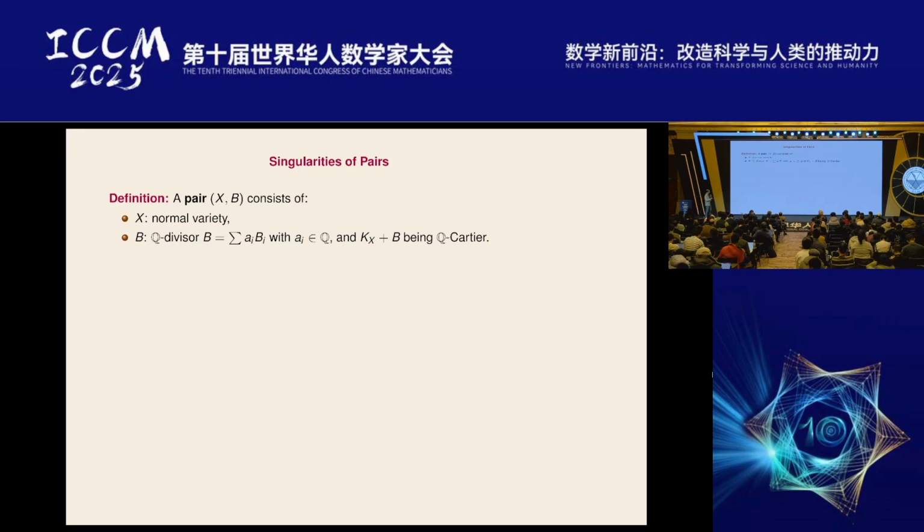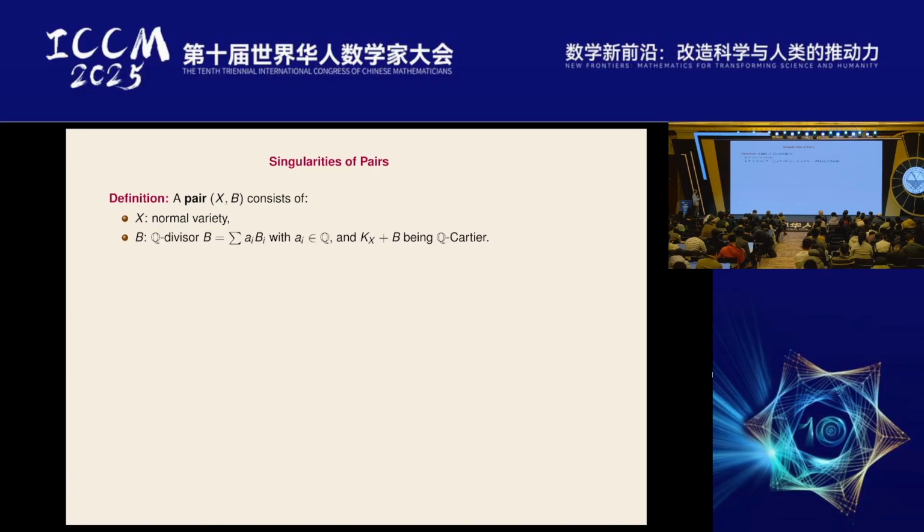In particular, pairs, where you consider an ambient space together with some closed subsets, which we usually take to be divisors, but actually even that is not necessary. You could simply take a closed subscheme. It can be quite complicated, but usually you can reduce problems to this setting. So I'm going then to discuss this more standard setting of pairs.